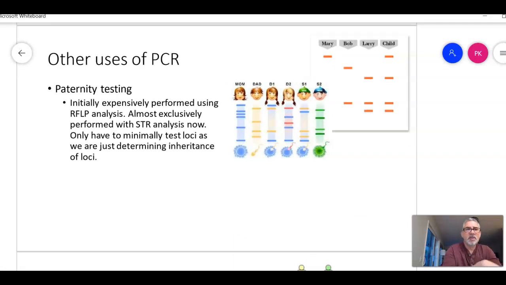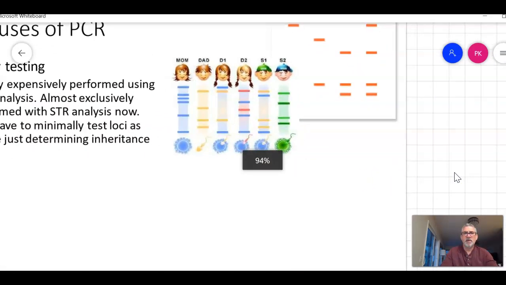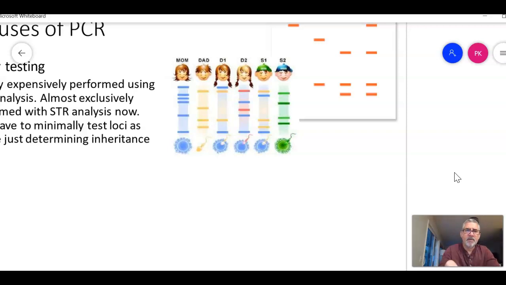All right, so other uses of PCR, we can use it for paternity testing. And that would use STR as well. Originally, it was RFLP analysis, but now it's shifted to STR. So if you look at this picture here, you've got mom and dad. These are looking at STR regions. Daughter 1 is definitely a child.